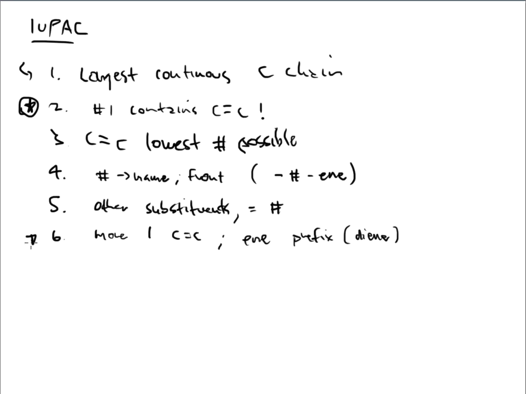So this is also going to be a new one for us, somewhat, because like we saw before, if we had two alcohol groups, we named it diol or triol. Two amine groups, well, we named that diamine or triamine. So there's really no difference there, but because it is associated with the double bond, I'm going to include it as a new rule because we've not seen double bonds before.